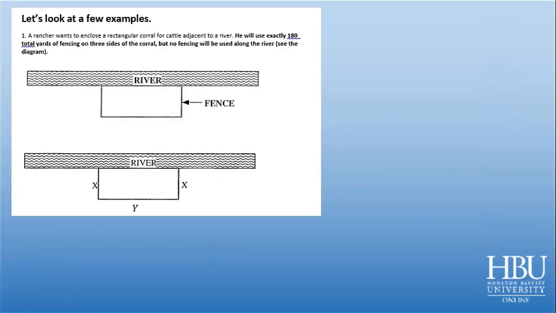He will use exactly 180 total yards of fencing on 3 sides of the corral, but no fencing will be needed along the river. So let's say that this dimension of his rectangular corral will be represented by x. The opposite side of the rectangle then would also be x, and we will call the side adjacent to x, or in other words, the side parallel to the river, to be y.